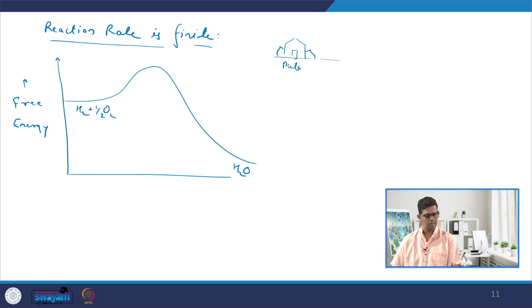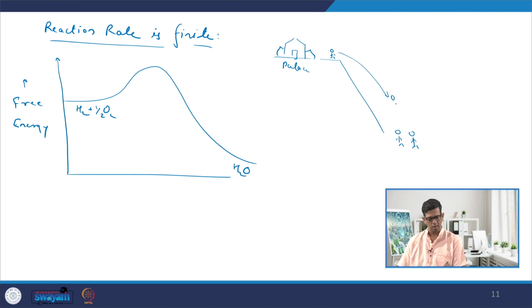This is our palace, and we have guards for the safety around the palace, and at the foothills of the mountain, we have the enemy standing here. If this guard wants to protect the palace from the enemies, we can throw stones like this.